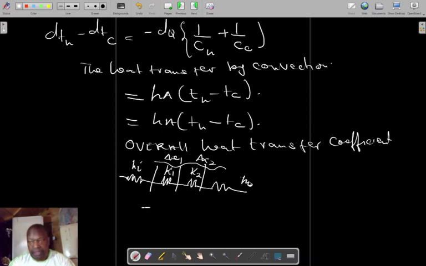So we've seen that the total resistance R is equal to the sum of resistance 1, resistance 2, resistance 3, and resistance 4. So R total is equal to R1 plus R2 plus R3 plus R4.